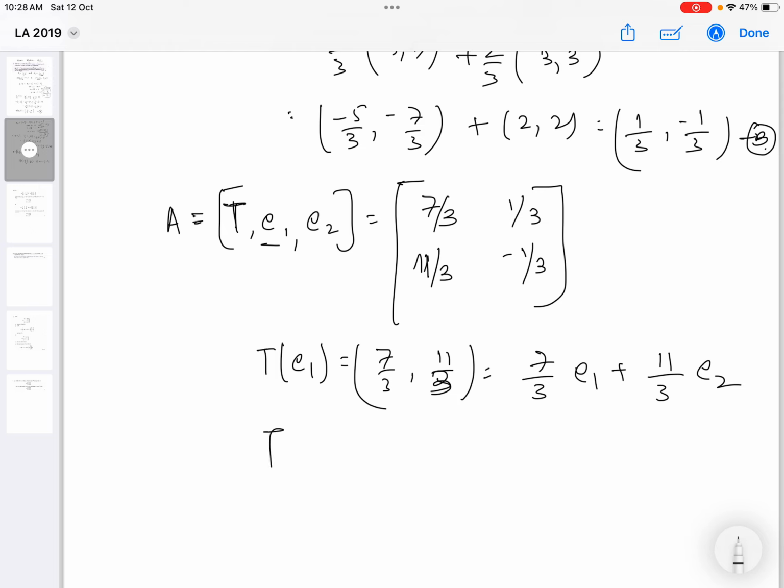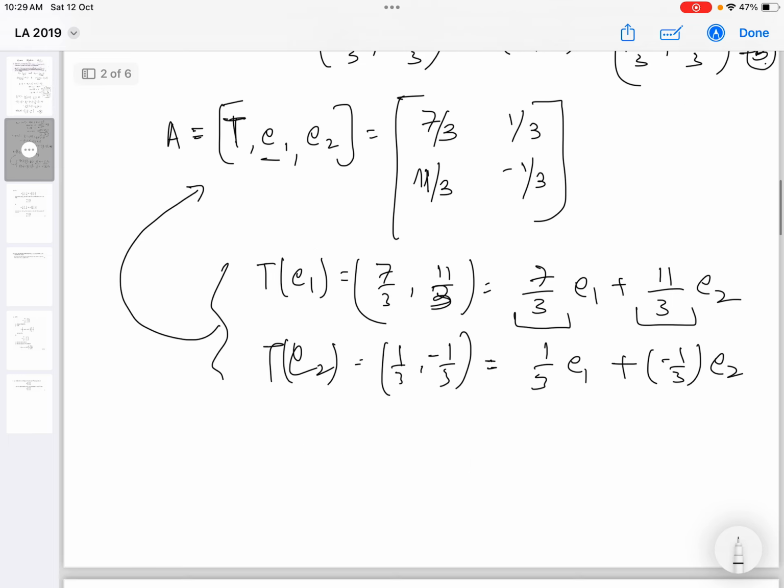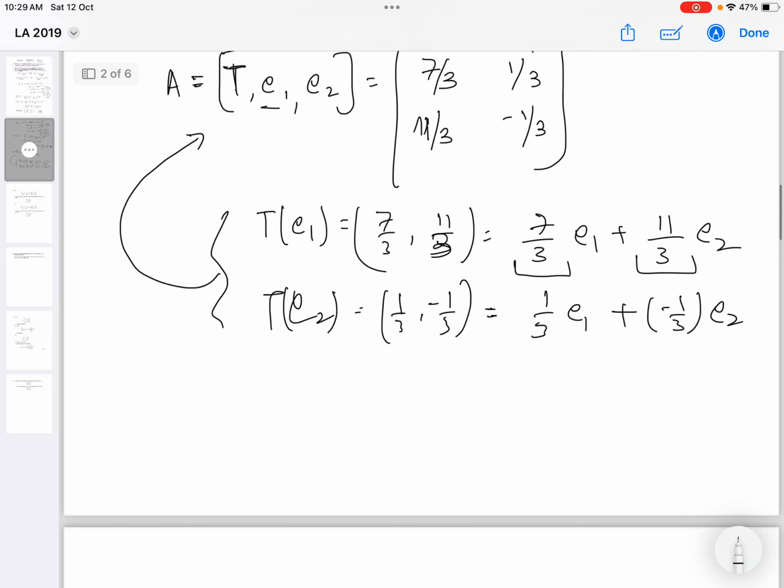Similarly E2 can be written as 1/3 E1 plus minus 1/3 E2. We have to write the coefficients in column format, so this matrix will become something like this. Now we have to find the rank of A.